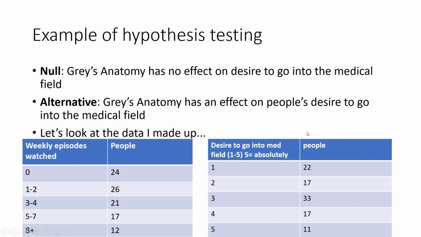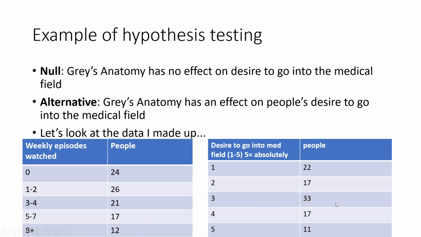And then people who have a desire to go into the medical field. I did a 1 to 5 scale here just because it made it easiest. So 5 is, oh yeah, absolutely, I want to go into the med field. 1 is, no, I definitely don't. 3 could be undecided or just unsure or whatever else. Okay, so 22 people said absolutely not. 17 people said 2. 33 people were unsure, they said 3.